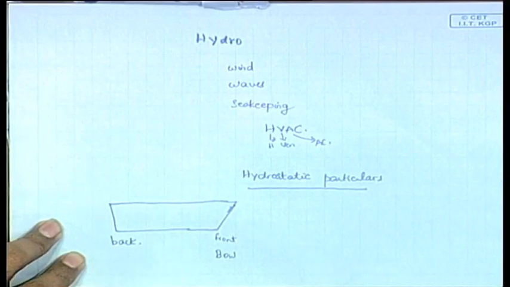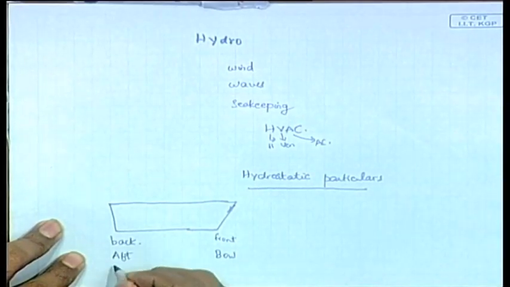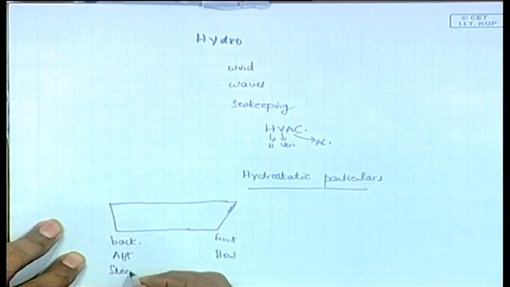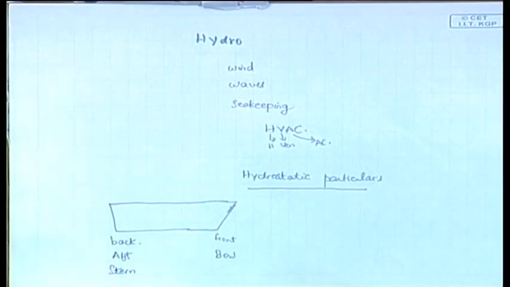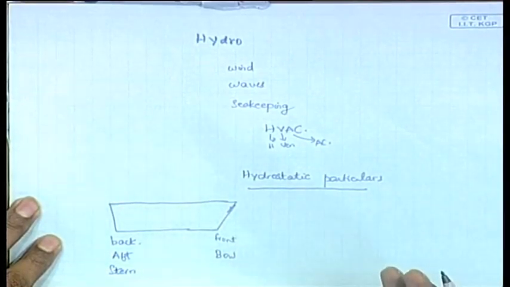Okay, it is called bow, and the back of the ship you call aft, or sometimes it is called stern. Each of this represents the same thing, stern or aft. So nobody will talk about the front of the ship or the back of the ship, they will only say this is the aft portion, this is the forward portion or the bow portion. It is also called forward portion, it is the same thing.